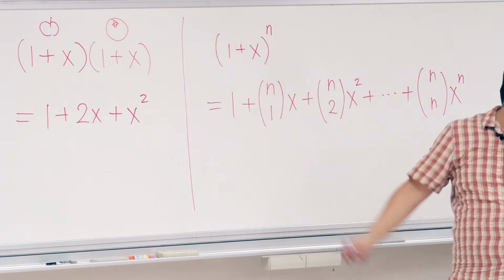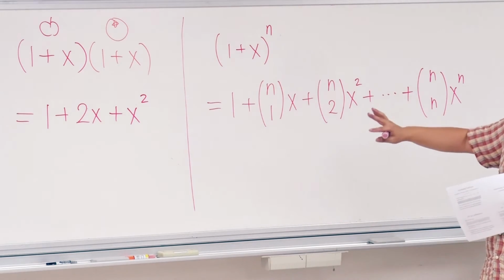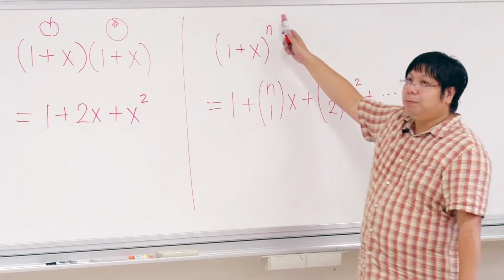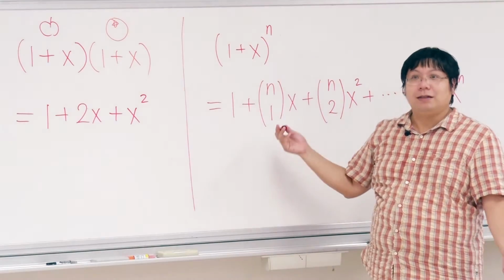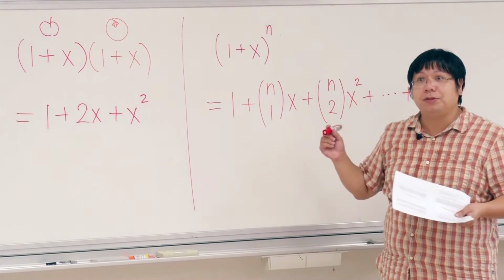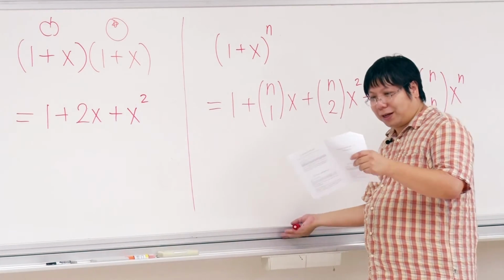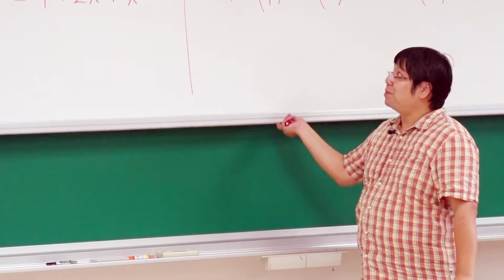Good. So as long as you understand the meaning of a formula, we can use the formula to help us solve counting problems. It's still not solving any problem yet, but we will see soon.